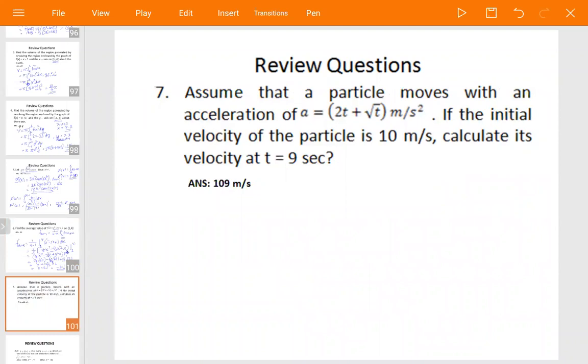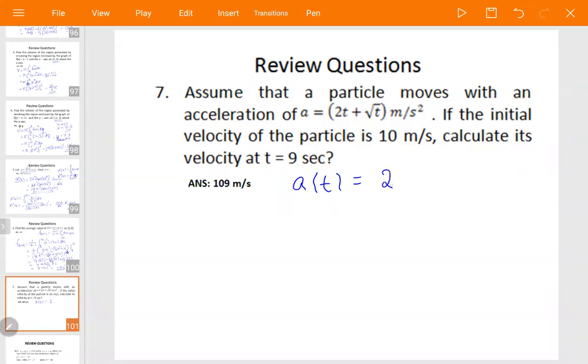Question number 7. Assume that a particle moves with an acceleration that is a function of time. It is not uniformly accelerated motion because the acceleration is not a constant, rather it depends on time. So it is not an example of uniformly accelerated motion.